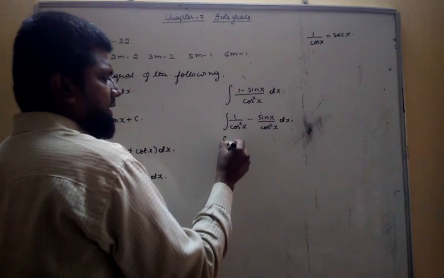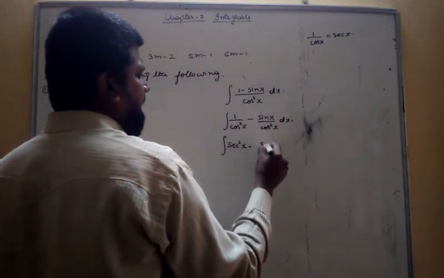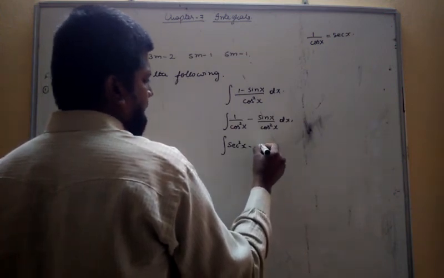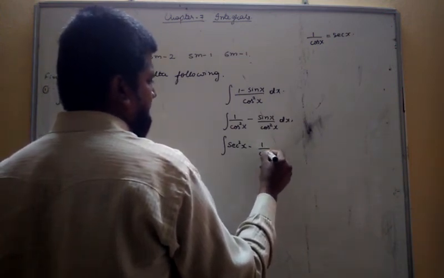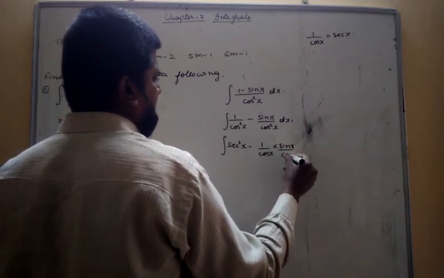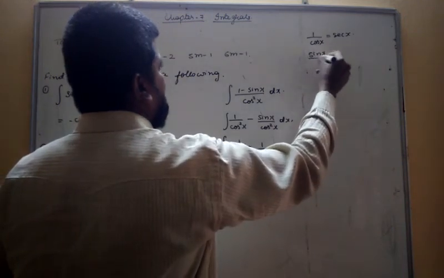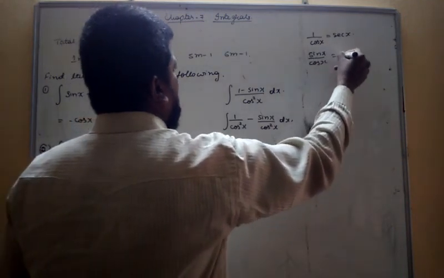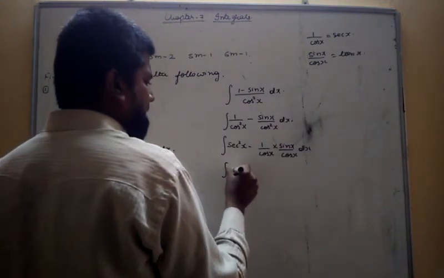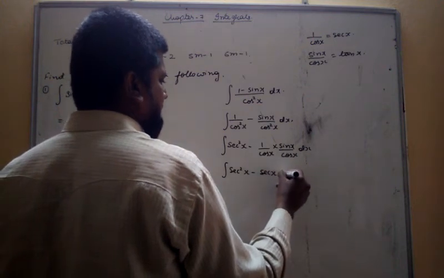So we can write it as secant square x minus, splitting 1 by cos square x into 1 by cos x times sin x by cos x, and sin x by cos x can be written as tan x. Then secant square x minus secant x into tan x.